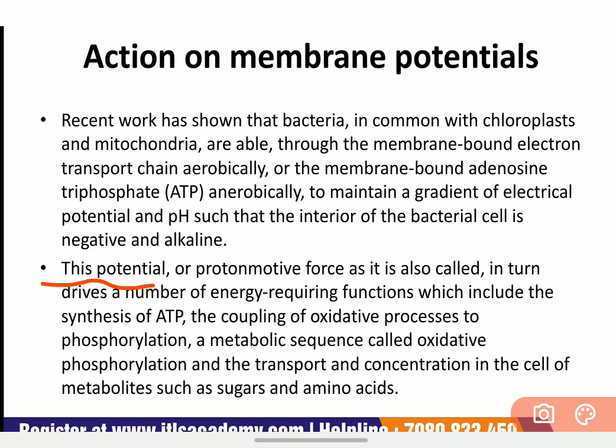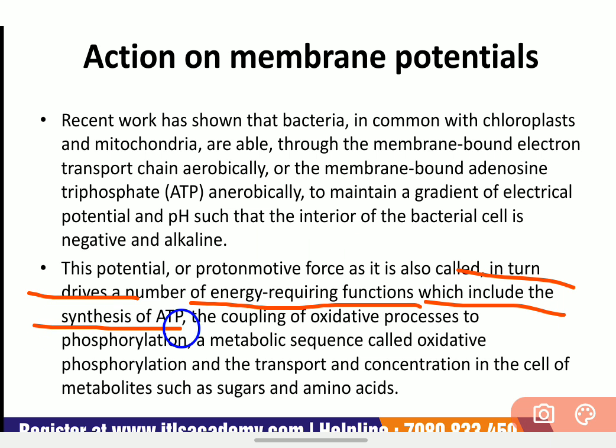This potential, also called proton motive force, in turn drives a number of energy-requiring functions, which include the synthesis of ATP.